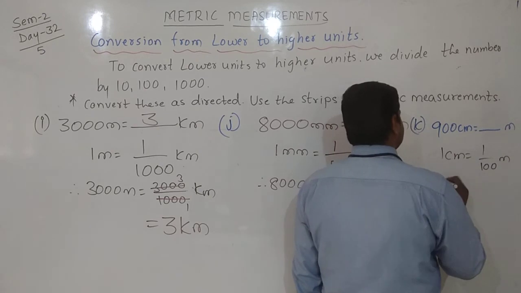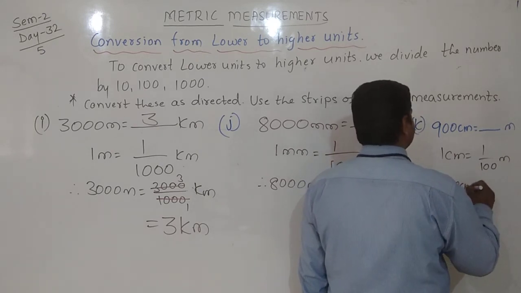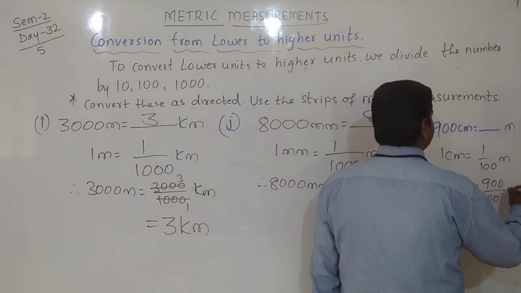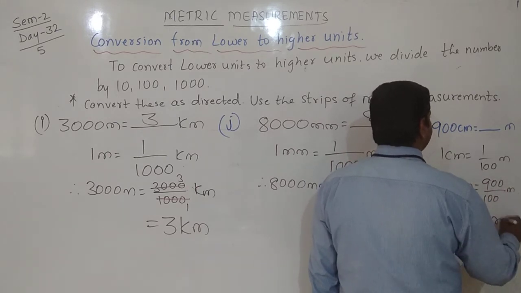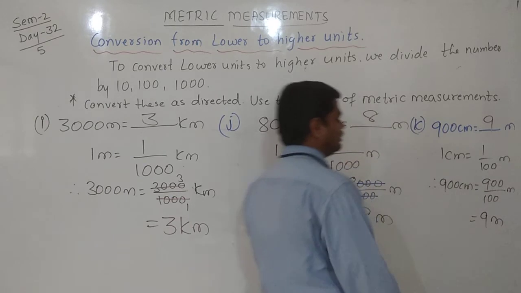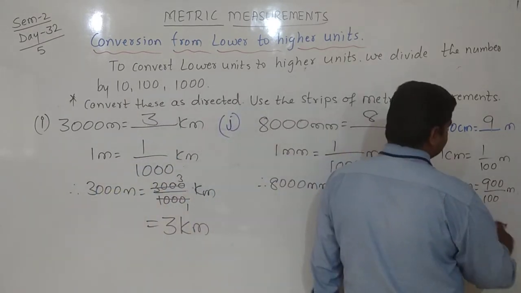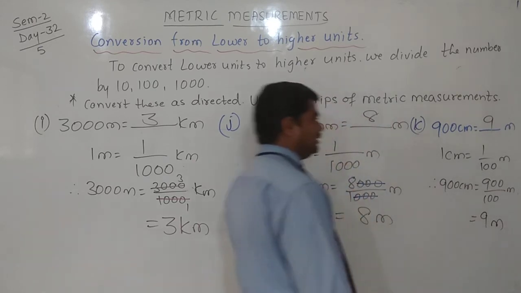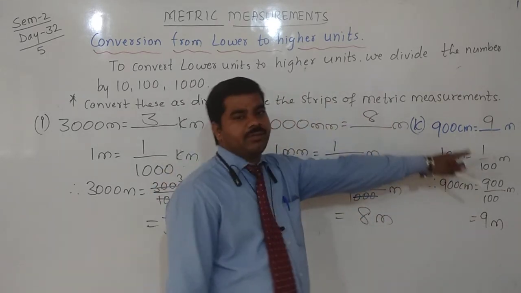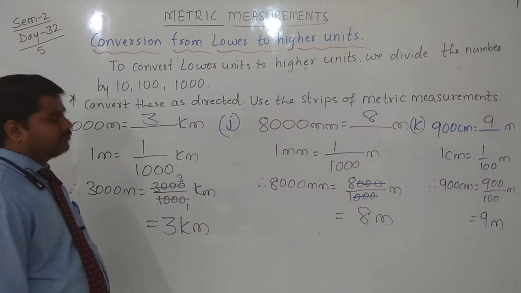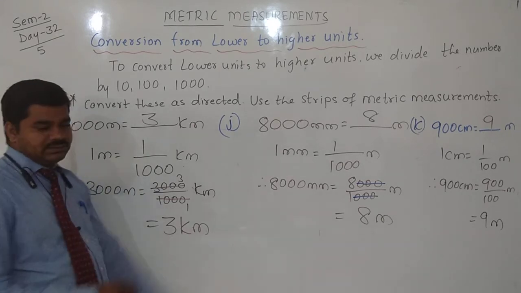Then 900 centimeter is equals to 900 by 100 meter. That is 9 meter is the answer. We learned 1 meter is equals to 100 centimeter by heart. Yes, but here you should remember all this. Very simple. Yes or no? Okay. Write this.